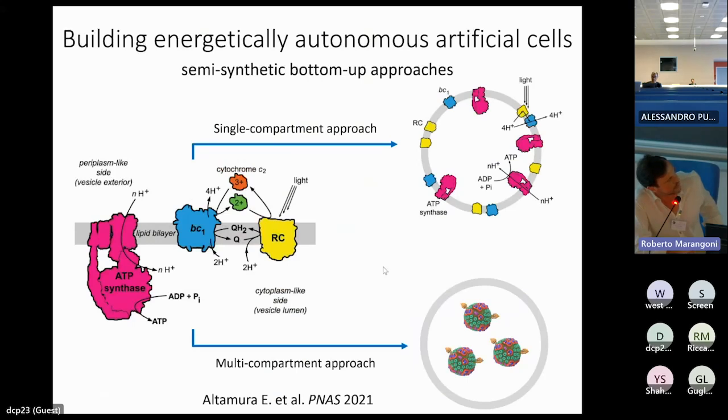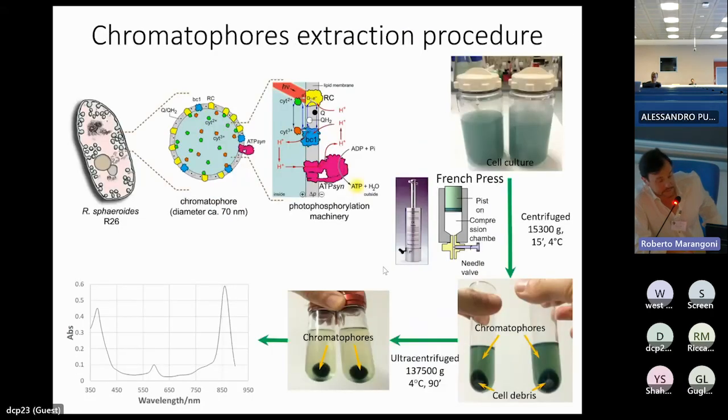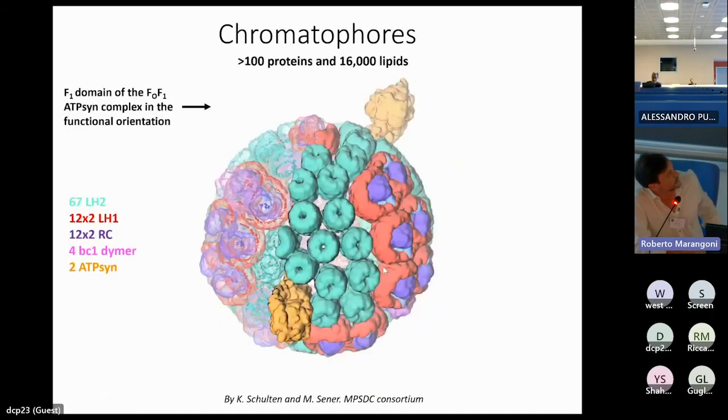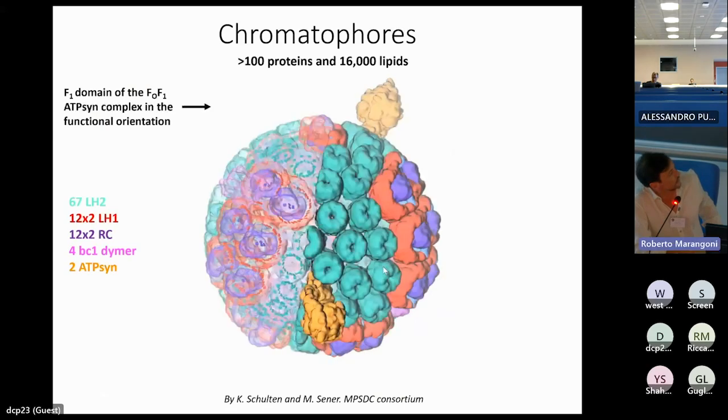The apparatus that we can extract is in the form of chromatophores, which are small nano-sized vesicles that contain all the three enzymes. We can obtain these organelles by breaking the membrane of the bacteria, Rhodobacter sphaeroides, by a French press step that is increasing the pressure on the solution, and then we optimized this procedure to collect the chromatophores, and at the end we obtain these organelles.